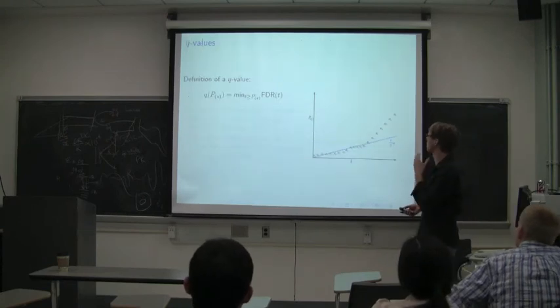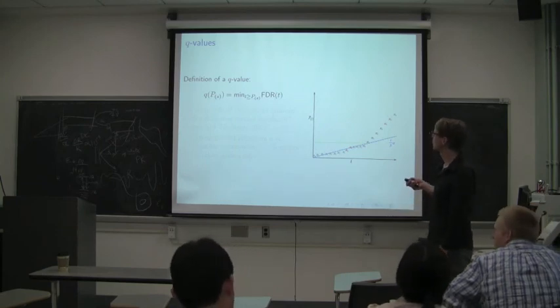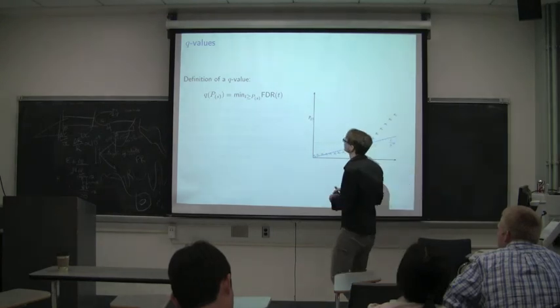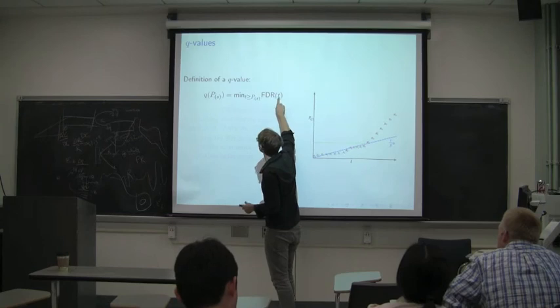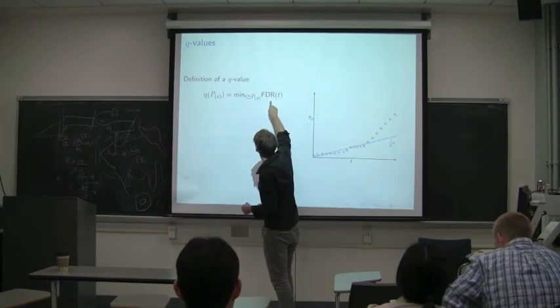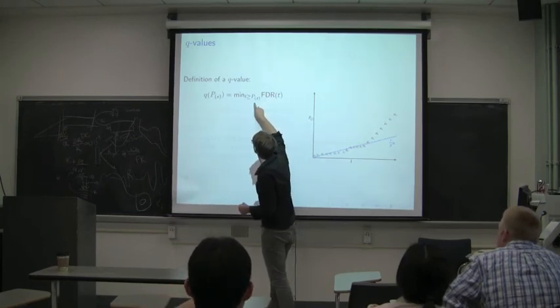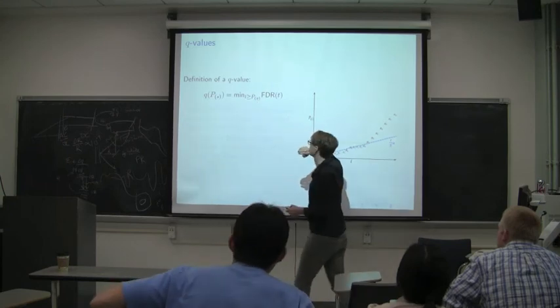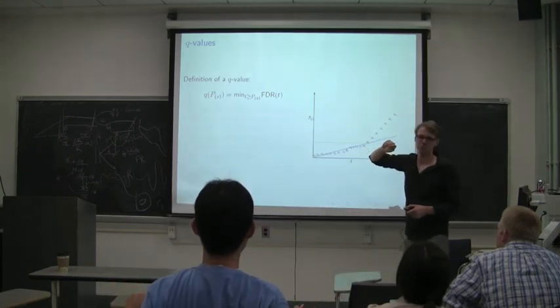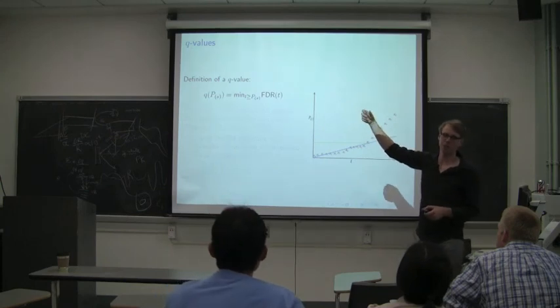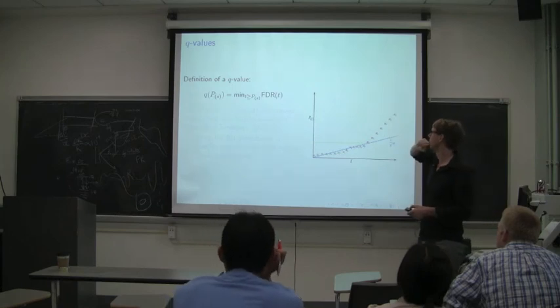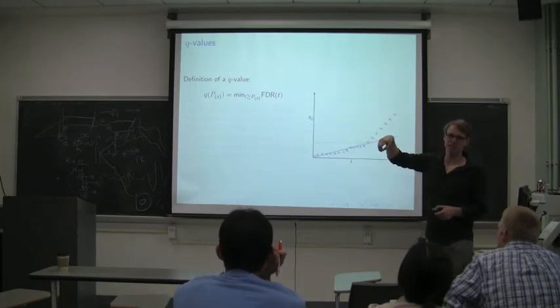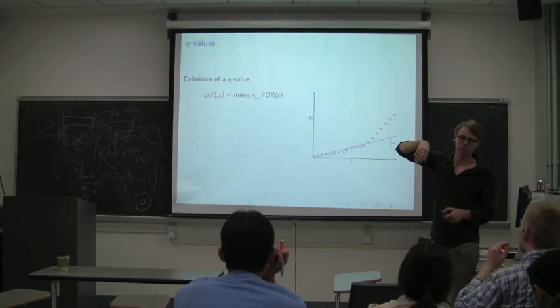Let's quickly discuss what a q-value is. The definition of a q-value is the minimum threshold, the minimum alpha, such that a given p-value would be significant. Before, the p-value was the maximum significance value such that this p-value would still be significant.